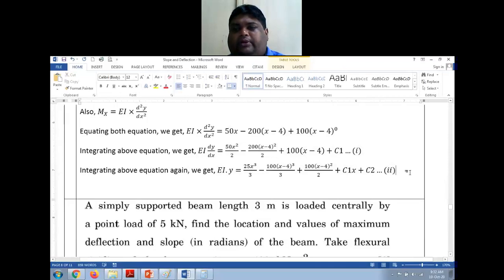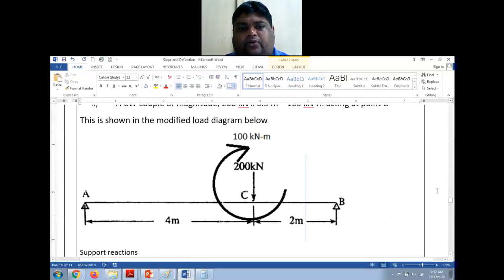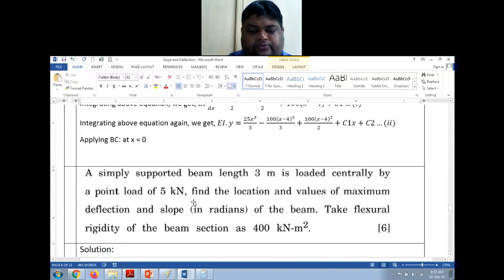Now you have to apply the boundary condition in this equation. See, for all the simply supported beam, we will have the same boundary condition. What is the boundary condition you apply? At x equal to 0. What is x equal to 0? That is at point A, right? At point A, that is the support A, the deflection will be 0.